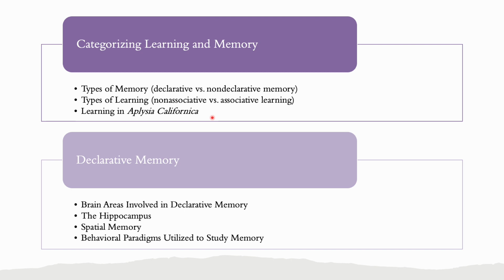This is a sea slug that has become famous in neuroscience. We're also going to discuss declarative memory, such as brain areas involved in declarative memory, the hippocampus, and how this involves spatial memory processing. Finally, we'll end today's lecture by talking about different behavioral paradigms that are utilized in animal research to study memory.